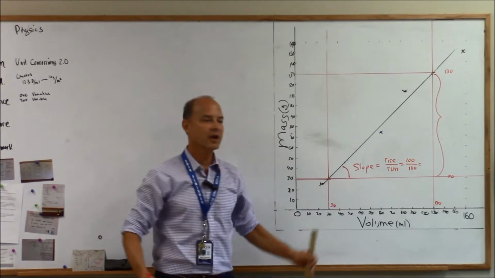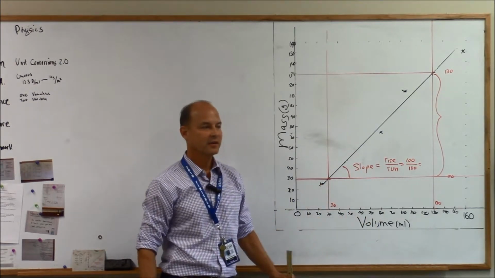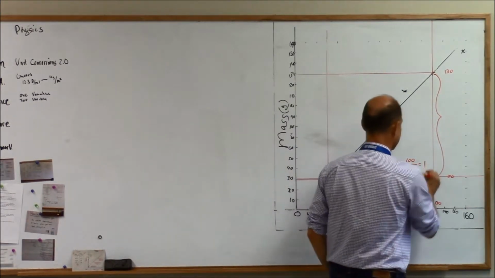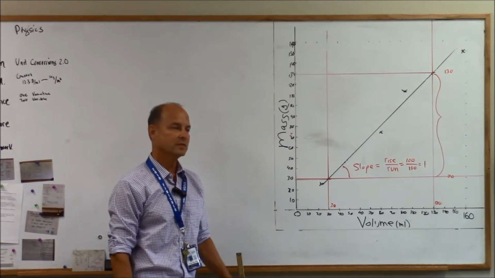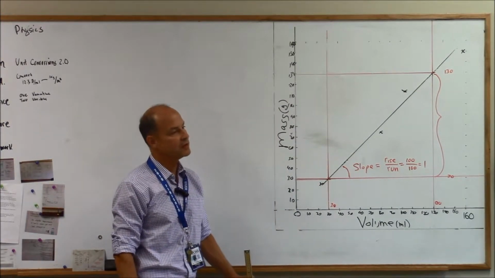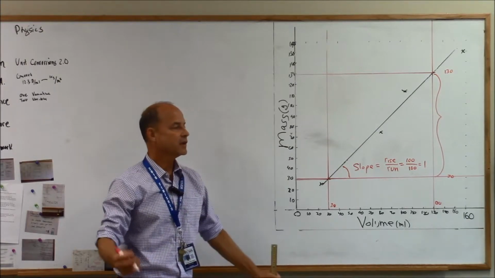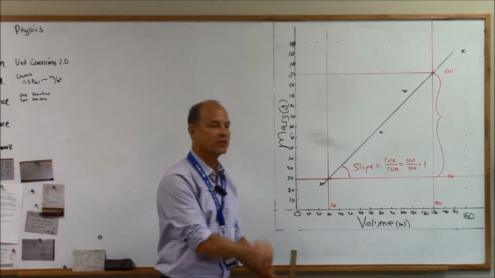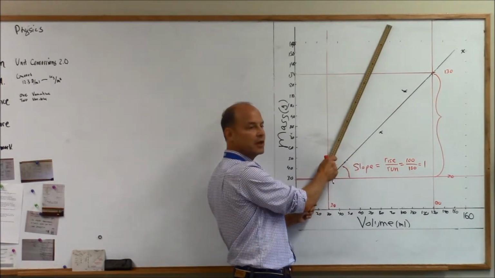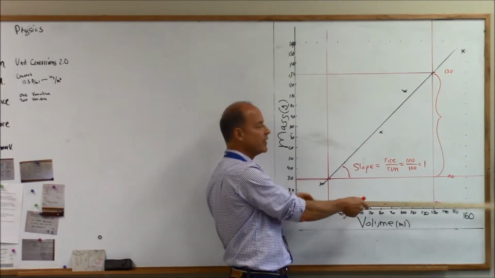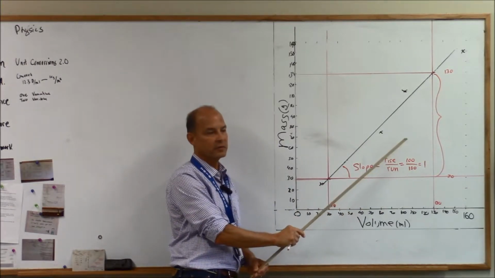So 100 over 100 is 1. It's 1. Right? So the rise over run is a slope of 1. This is almost a bad example because it works out too well. But you certainly can understand that if you have a steeper line or a shallower line, that the rise over run numbers are going to be different.